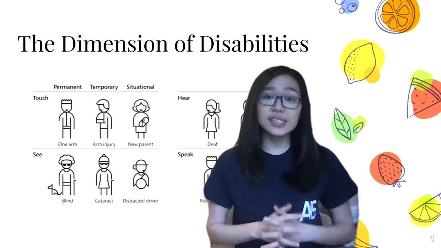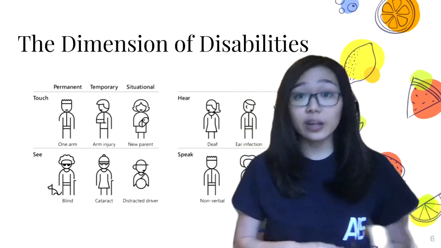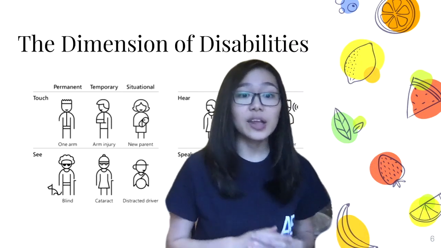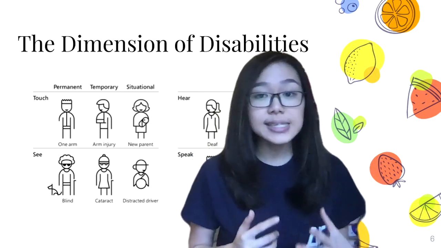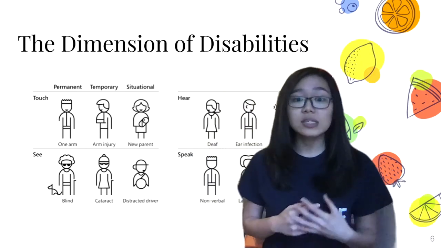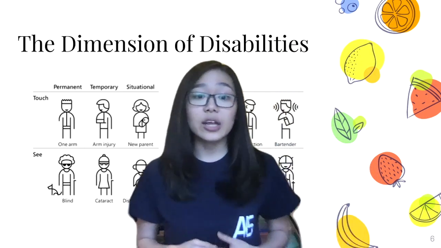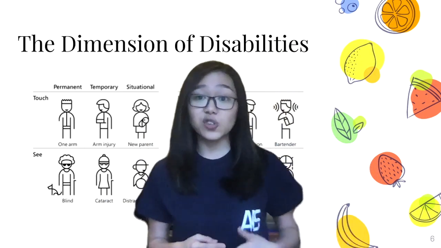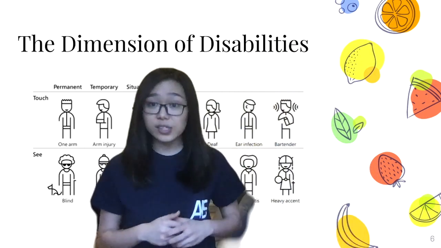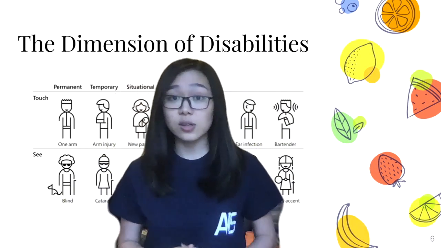Here you can see the dimensions of disabilities. There are four major categories of disabilities, and they are touch, hear, see, and speak. As you can see, even someone with no disability can come into situations where they cannot see, speak, touch, or hear. For example, here we have a bartender, who is considered to have a situational disability in terms of hearing.